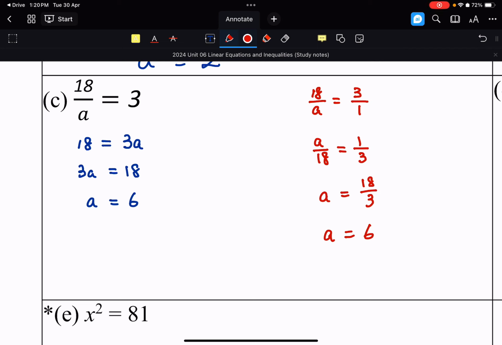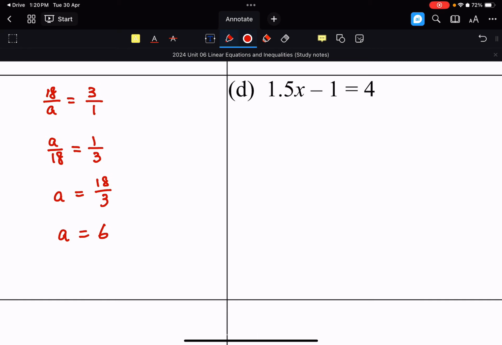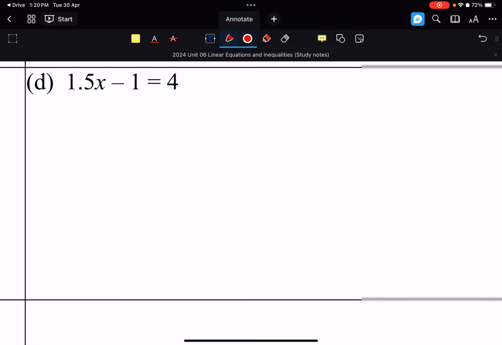So both methods are fine. It's our own personal preference, as long as you understand the concept of keeping the balance and the value the same on the left hand side and the right hand side. Okay, moving on to the next example, example D. This time round with some decimals, it is still the same idea. So we have 1.5x.